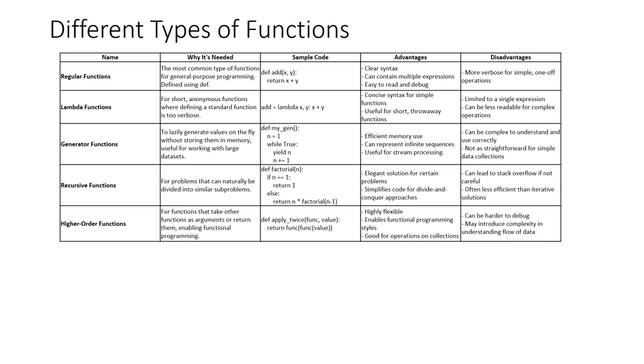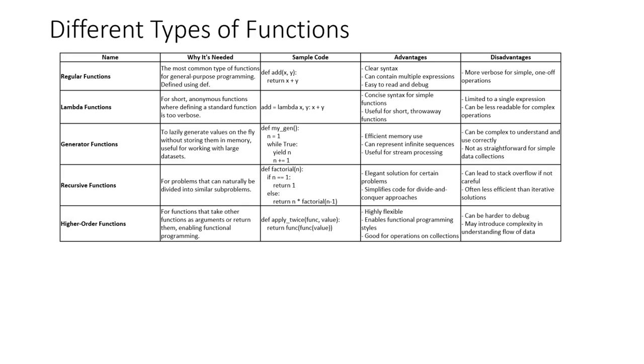Higher order functions in Python are functions that can take other functions as arguments or return them as results. This capability is central to functional programming styles, allowing for flexible code that can abstract or generalize operations over data, such as applying a function to all elements of a list or accumulating results.